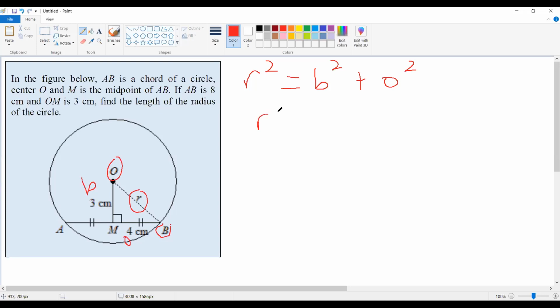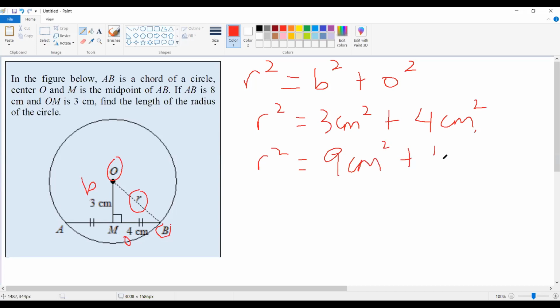So R squared is equal to, in this case, 3 centimeters squared plus 4 centimeters squared. So R squared is 9 centimeters squared plus 16 centimeters squared.